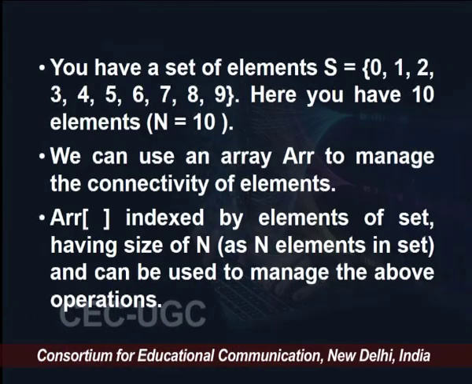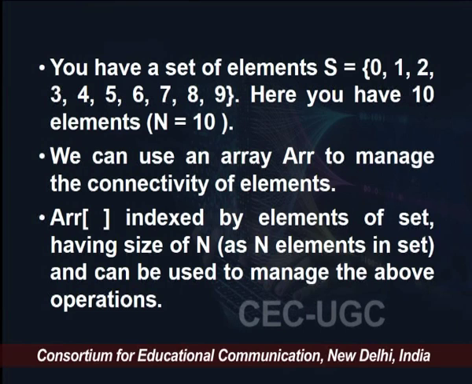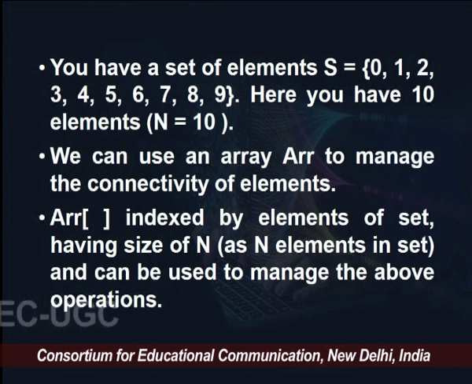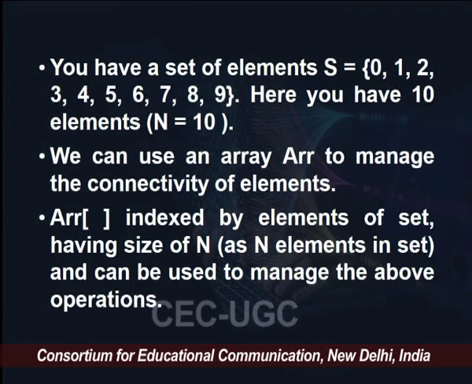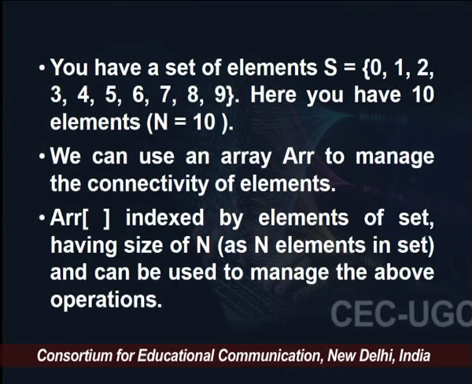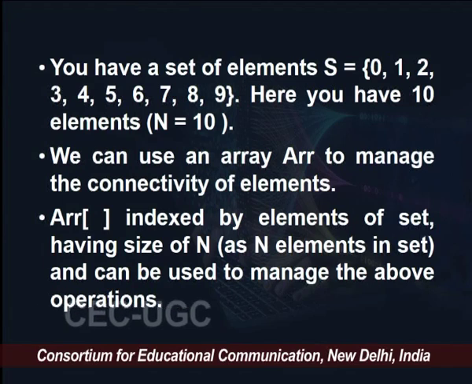Now let me help you recall some operations which can be done on union find data structures. One is make set x, that is, to take a single element and make a disjoint set of it. Then you have union x comma y, which means combining the set to which x belongs and the set to which y belongs, and generating one representative.